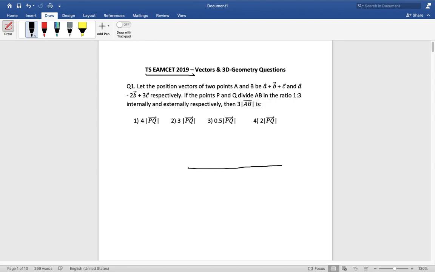So let us assume this is the straight line AB. Don't mind my drawing, just believe me that it is a straight line. Point P is dividing AB in the ratio of 1:3 internally. So let us assume point P is somewhere here. What we are given is AP is 1 and BP is 3.